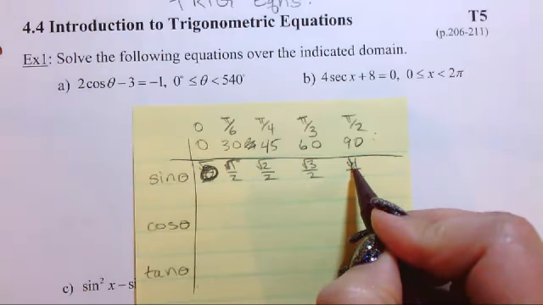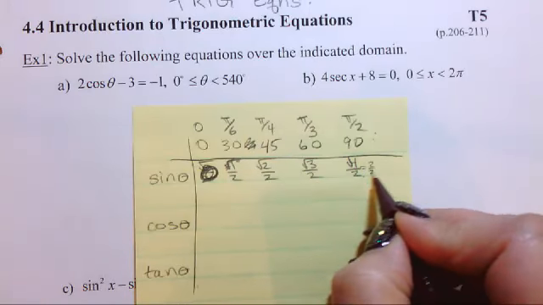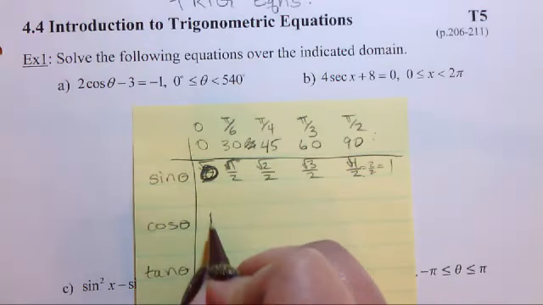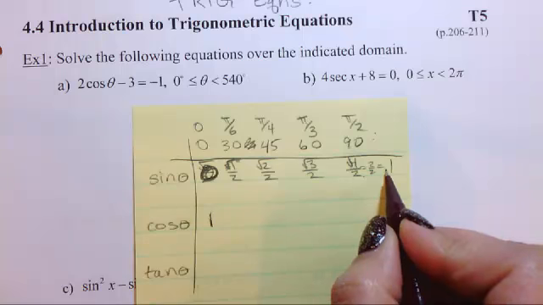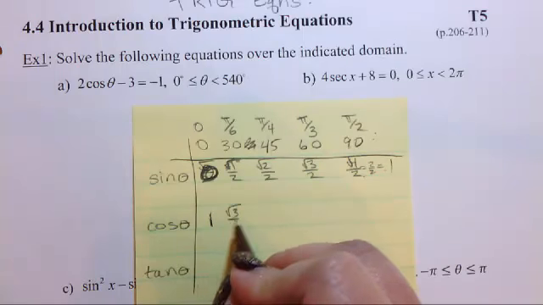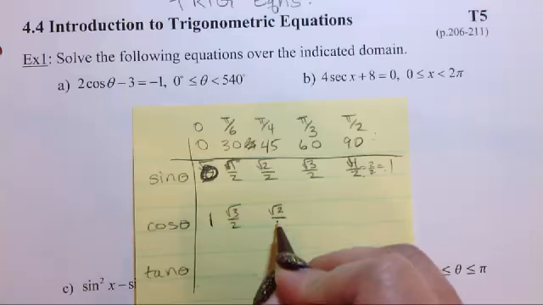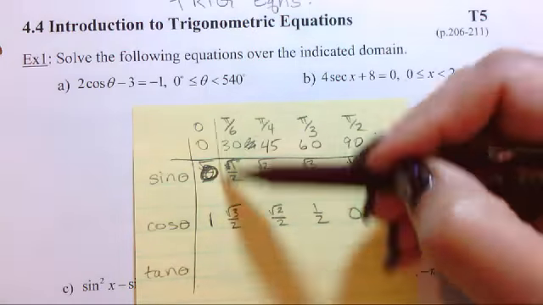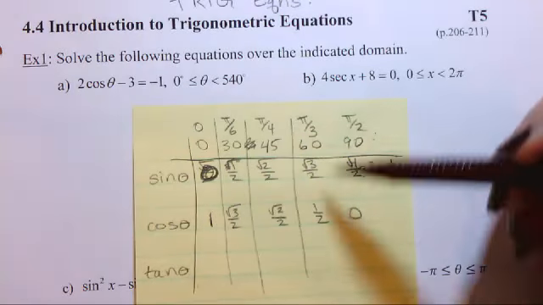And this one reduces to 2 over 2 or 1. So I'm going to use the reduced values to get my next line. 1, and I'm just going to copy this line out backwards. Root 3 over 2, root 2 over 2, 1 over 2, and 0. Okay, so my chart's like that.